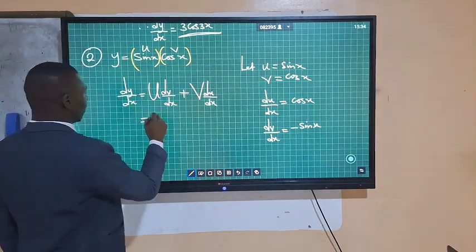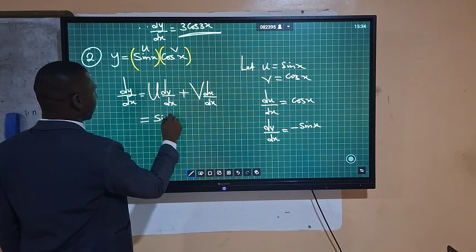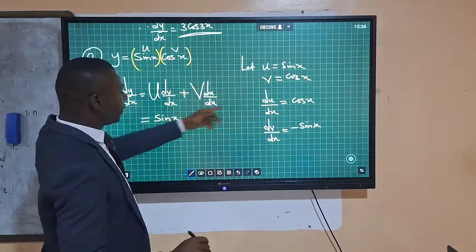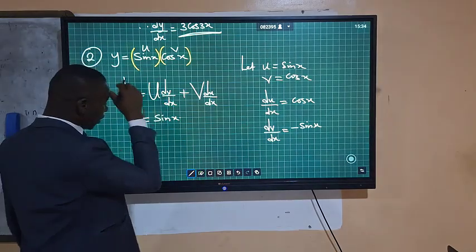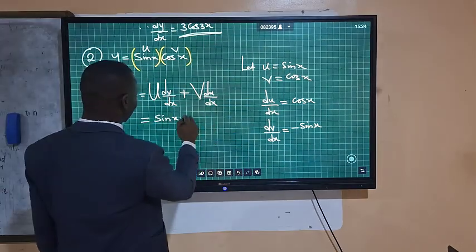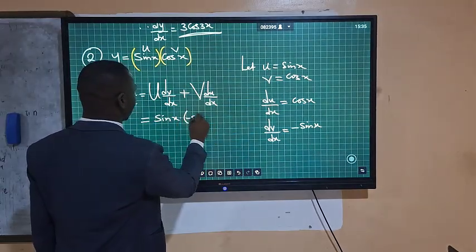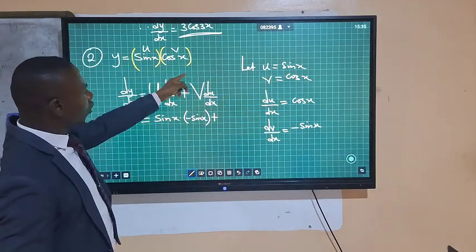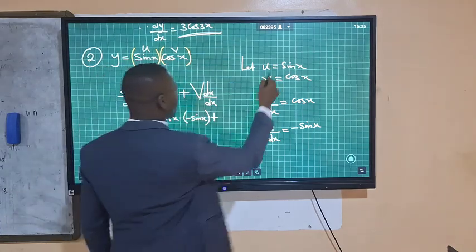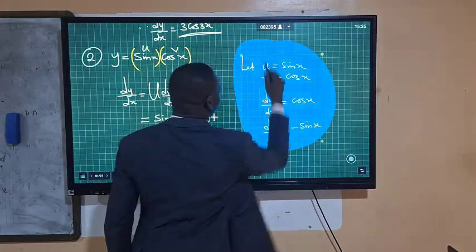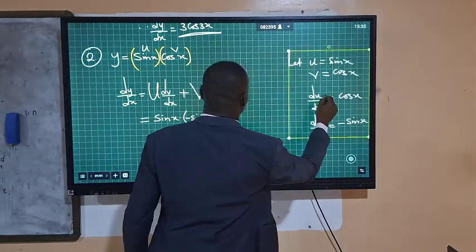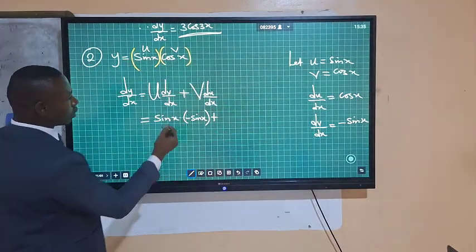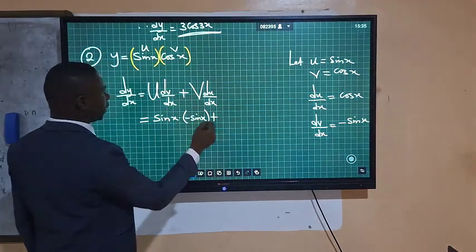U is sine x times dv over dx. dv over dx is minus sine x plus, what do we call our v?